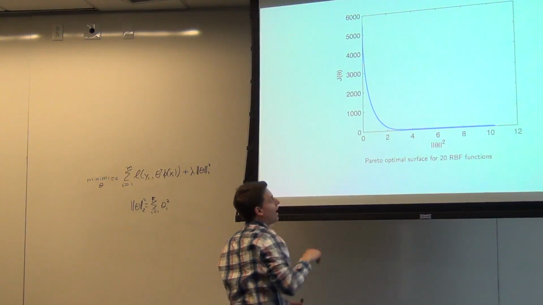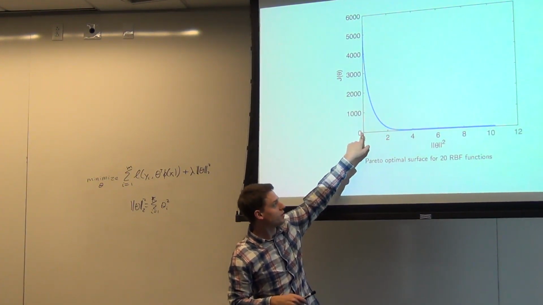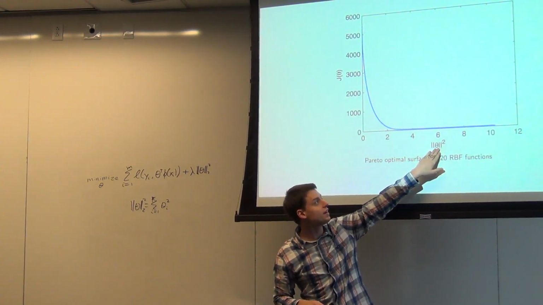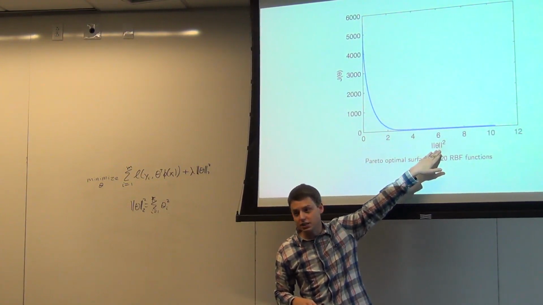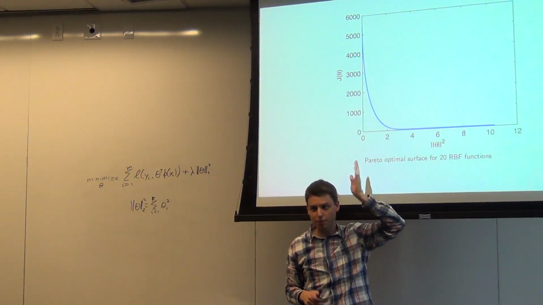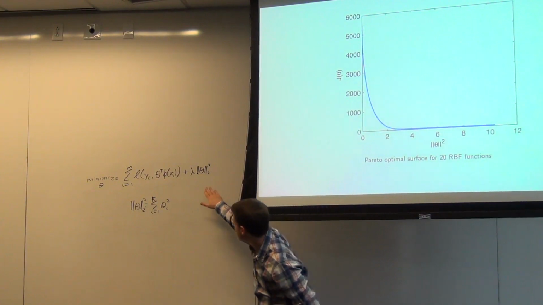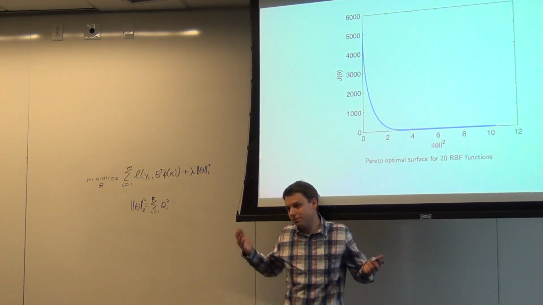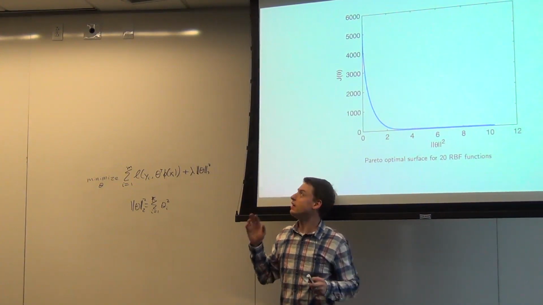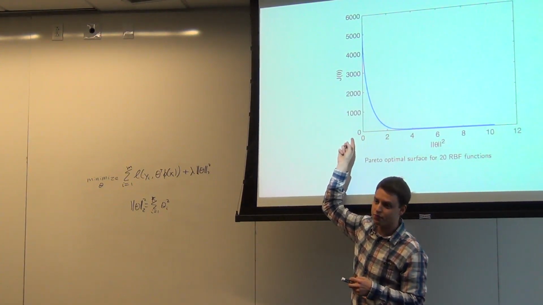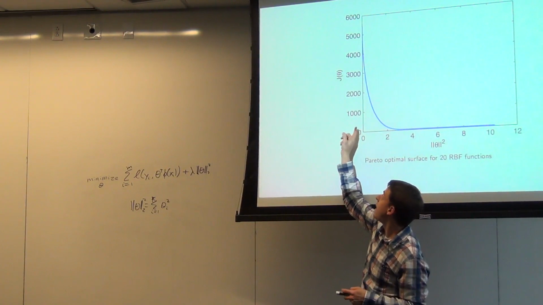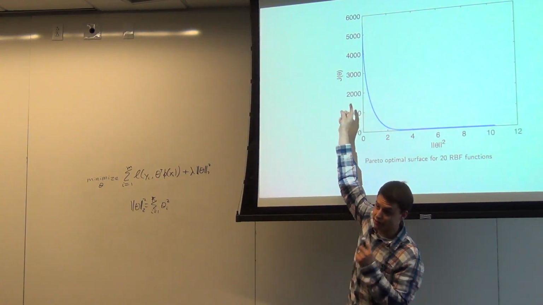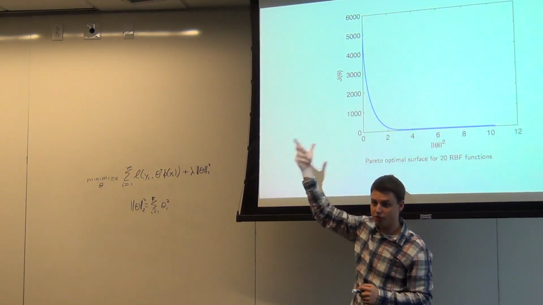Pick lambda really, really high, I get this point right here, because my optimization problem will pick theta to be essentially equal to 0. Because I'm putting so much weight on penalizing the norm of theta, I'm going to pick some theta, namely theta equals 0, for example, that ends up over here. And that achieves some loss. It's not infinite, as I said before. It's whatever loss you get when you predict everything to be 0.